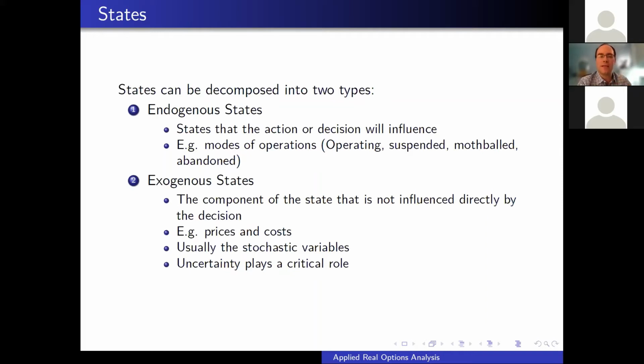There are ways to mix these to make the endogenous states also stochastic. For example, if you were managing a hydroelectric dam, you would choose the level of the water, but you'd also be subject to rainfall and runoff. There are methods to handle those situations, but they're a little more advanced.